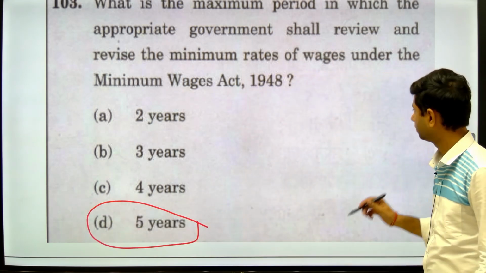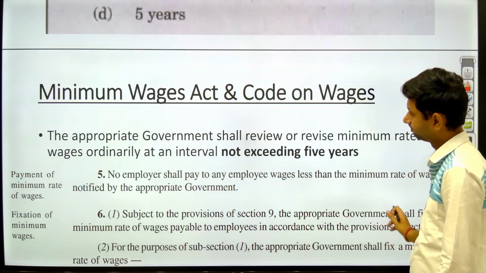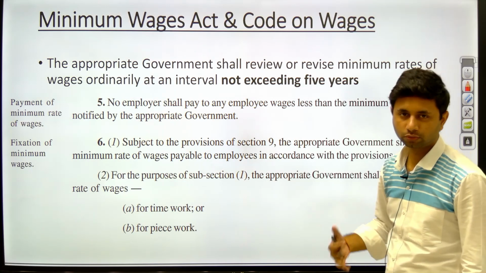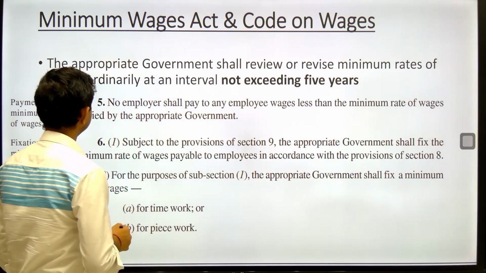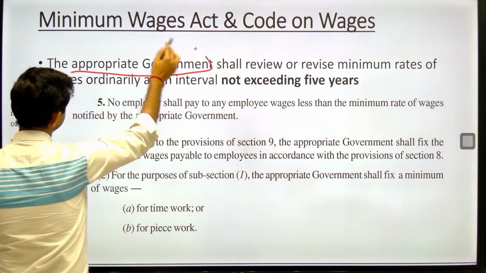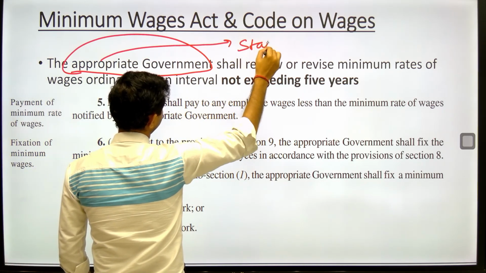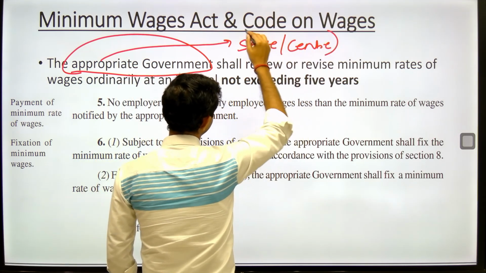And let's see what the law says. So both the Code on Wages as well as the Minimum Wages Act say that the appropriate government, so why appropriate? State as well as center both will determine the minimum rates.